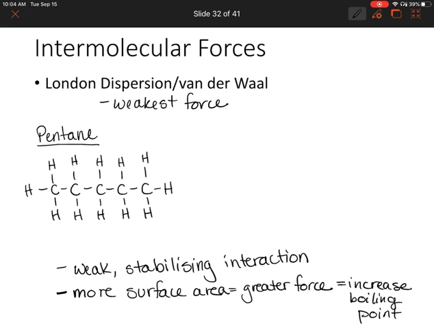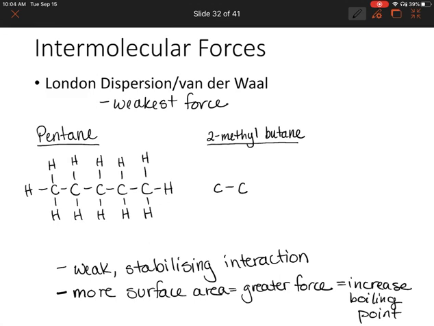And then let's also look at a molecule called 2-methylbutane. So this molecule also has 5 carbons, but they're arranged a little bit differently. So there's going to be some branching.